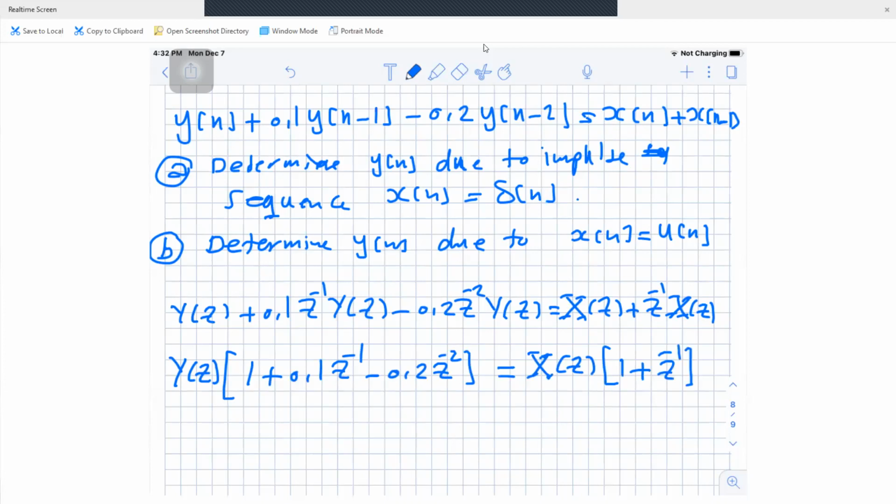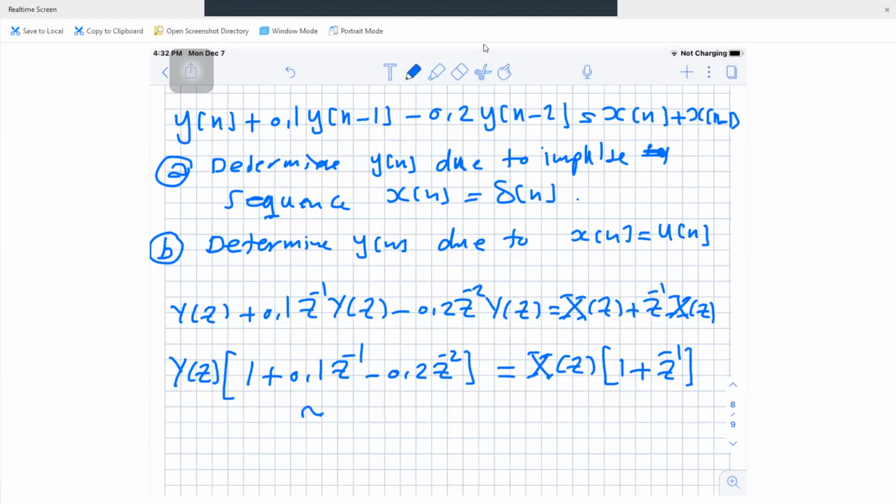Now, up to this point, I'm going to use this equation for two kinds of input x of Z. I mean, first one will be delta of n. In the second time, we are talking about what? About the unit step function. So I am going to use both functions. Okay. So first one, delta of n.